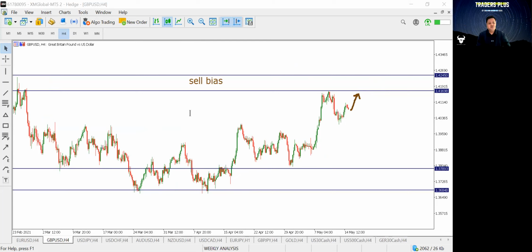Alright? So any sell setup na makita ko, I will go for it. But we'll wait for it to at least visit this level. So this is a good entry, 1.41698. But make sure your stop loss will be above this level, above nito. Alright? 1.42450. Okay?